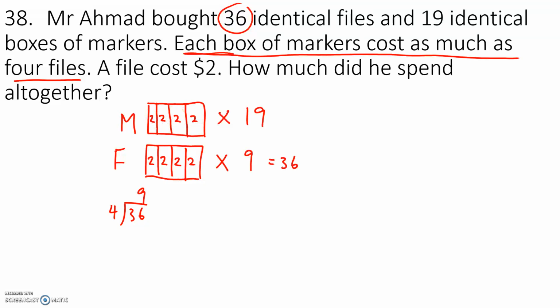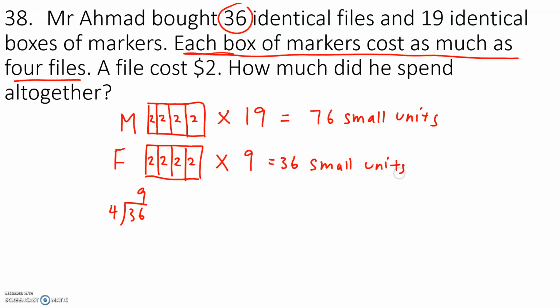Now, be very careful, because you are going to multiply this 19 times. And 19 times 4 boxes actually gives you a total of 76 small units, whereas you have 4 times 9, which gives you 36 small units.